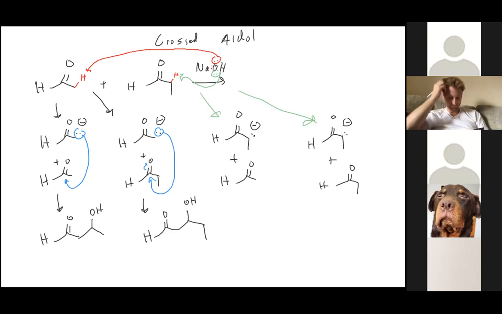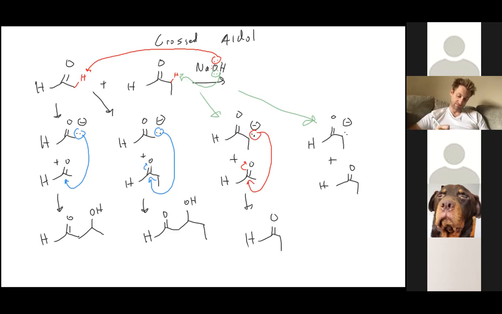So if it attacks the other starter material, our product's going to have that original structure plus a bond from our alpha position to our starter material. So it has an OH and one methyl group here.